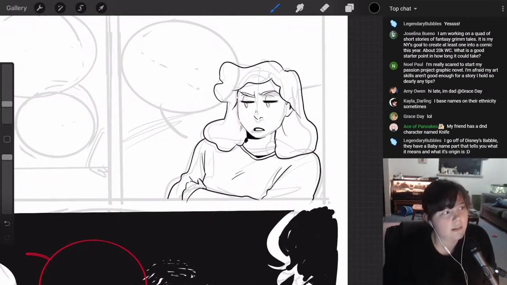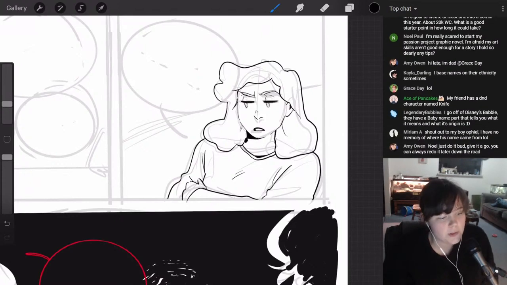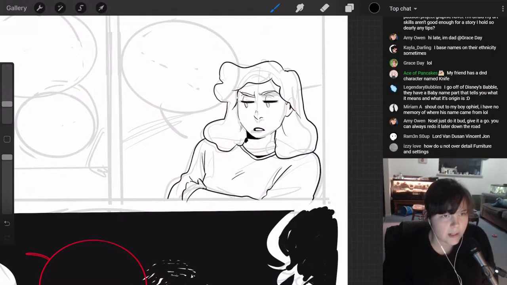One thing about comics versus prose is that in prose you can do a lot more in a smaller amount of space than you can with comics. So just keep that in mind, because a 300-page comic is actually a shorter story than a 300-page book, if that makes sense.